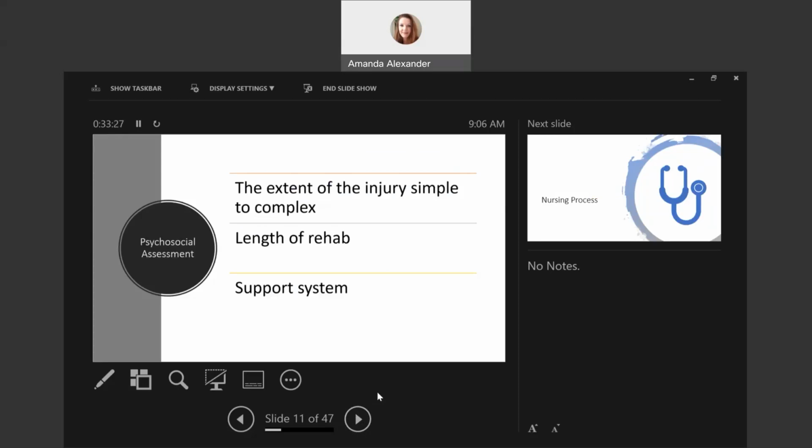So some of the things that we want to consider are how we are going to address rehab with the patient, if they are mentally stable enough for rehab, and what support systems they have and what support systems they don't have, because we may have to find them the support systems they need in order to get them through this time where they're having to either be immobile or they may have lost some type of function to an extremity.